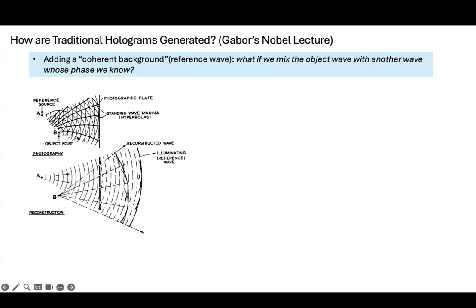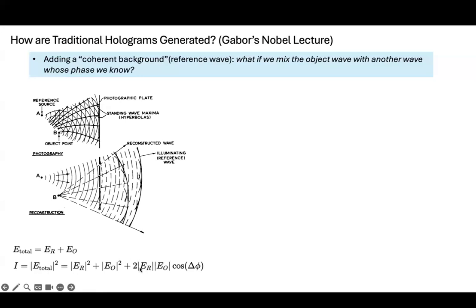So let's say your object gets placed at point B and you have a reference wave coming from point A. Now anything that hits this photographic plate, which is your film, depends on both the reference light field and the object light field. So the intensity you're recording really is just the square of the absolute value of the total light field.